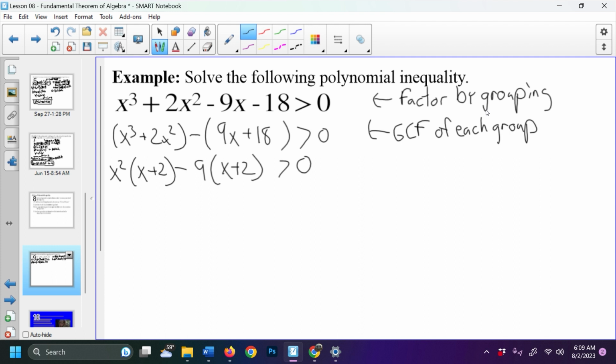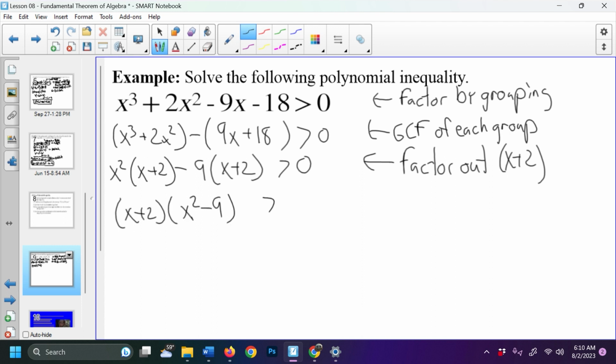This is the correct method, factoring by grouping, because what's in this set of parentheses and what's in this set of parentheses are the same. I'm going to factor out an x plus 2, so I'll have x plus 2 times x squared minus 9.